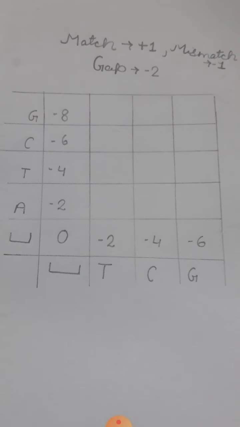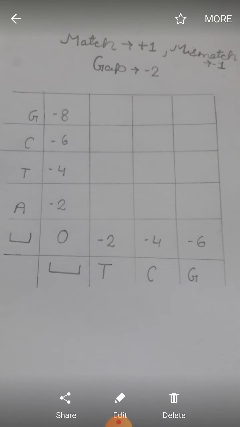After inserting 0 we have to write the gap value. So first I put -2, and then add the gap value: the box value plus the gap value, -2 plus -2, is -4. So I write -4 in the box in front of C, and then add the gap value to -4, that is -6, in front of G.